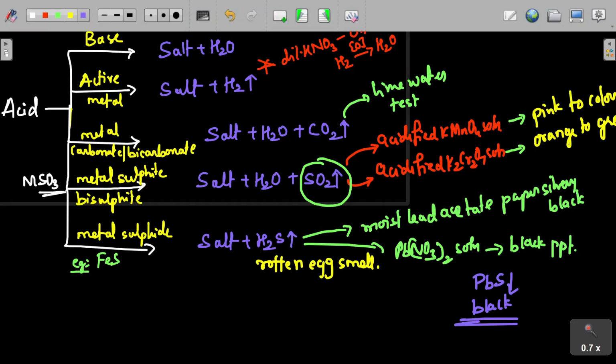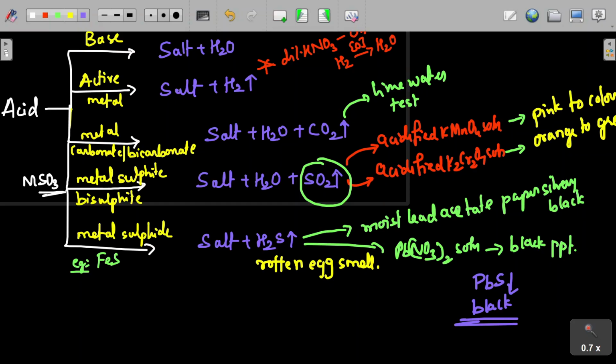In SO2, it's pink to clear colorless, and orange to clear green. In H2S, it's pink to only colorless, not clear, due to sulfur. It is colorless, but you will also see some yellow sulfur particles in it. But usually don't do that, only if that particular question comes.